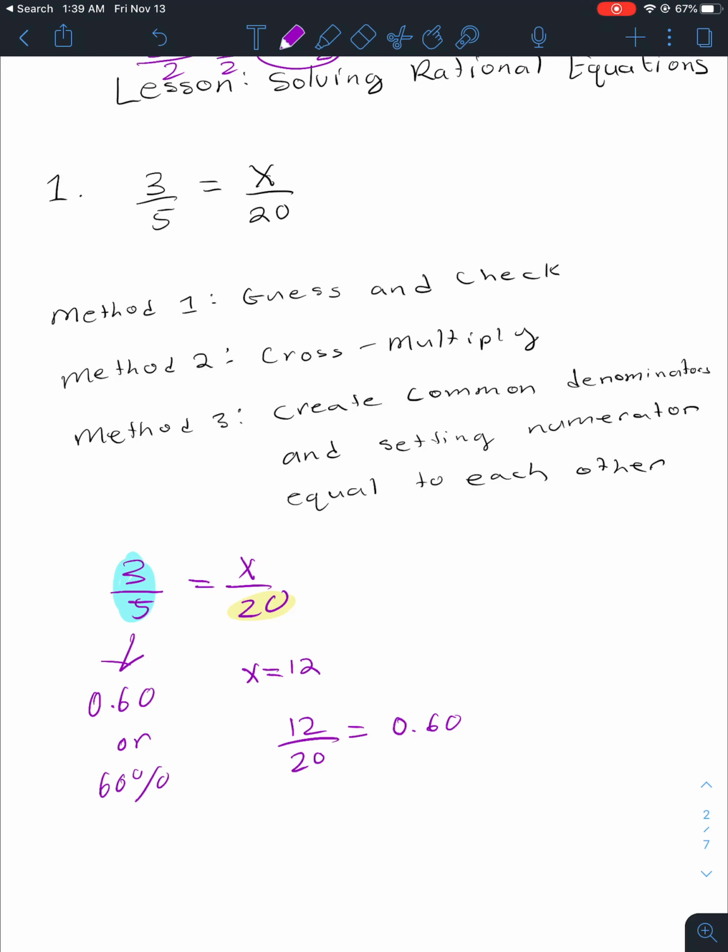And also you can think of it as 10 over 20 is 50%, so 11 over 20 is 55%, 12 over 20 is 60%. So the answer is 12, and that is using method 1, which is guess and check. But that's probably going to be our least favorite option unless it's really obvious. So I really don't recommend it, but it is something that you can do.